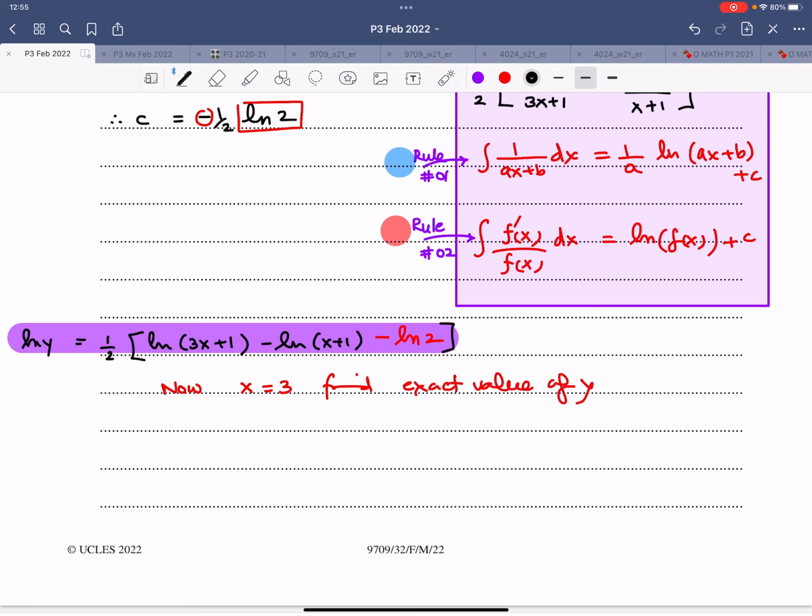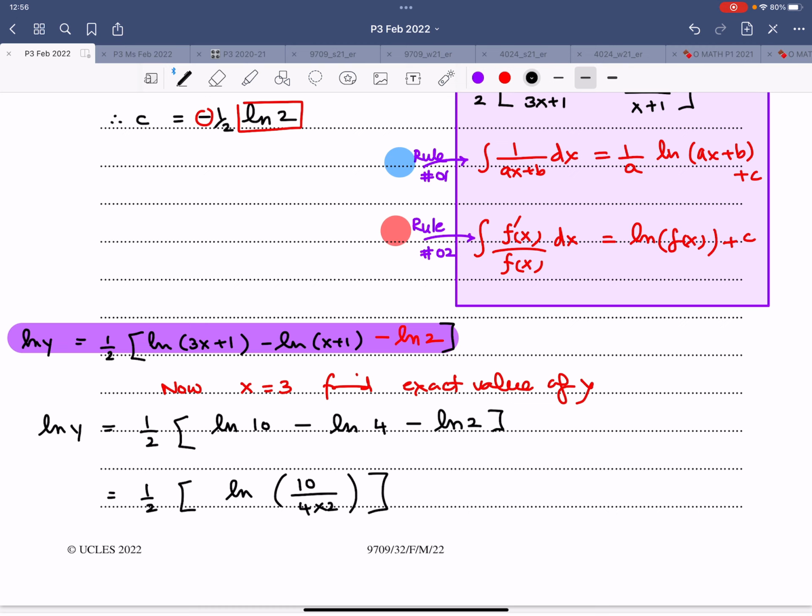So ln of y is equal to half, plug in 3: 3 times 3 is 9, 9 plus 1 is 10, minus 3 plus 1 is 4, minus ln of 2, this half is as it is. There are two negative signs, so 10 is at the top, 4 and 2 is at the bottom, bracket closed.